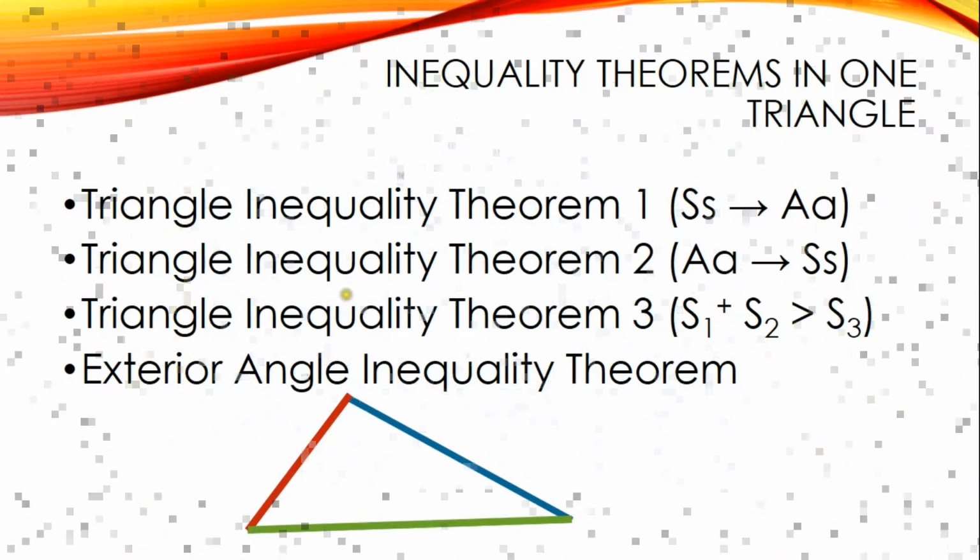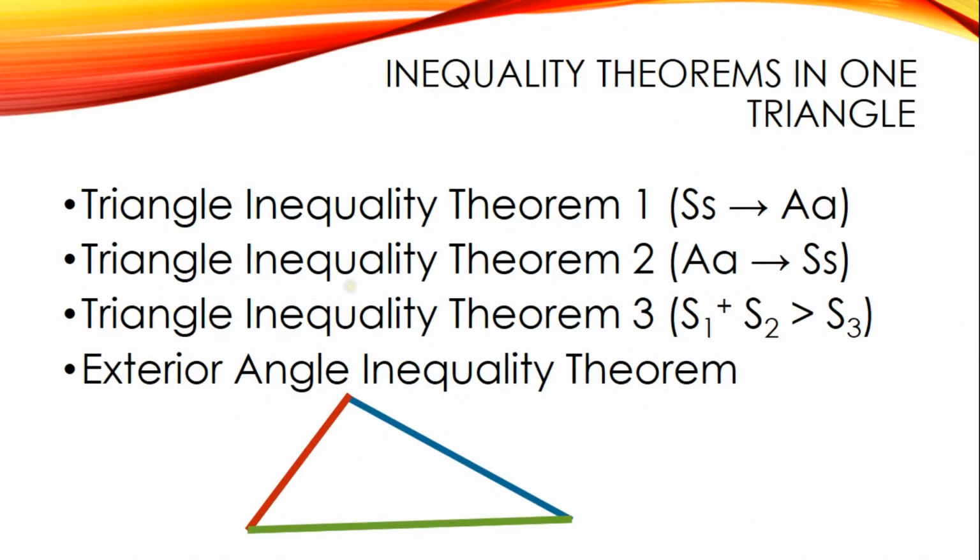So, the inequality theorems in one triangle are Triangle Inequality Theorem 1, which states that if one side of a triangle is longer than the second side, then the angle opposite the first side is larger than the angle opposite the second side.